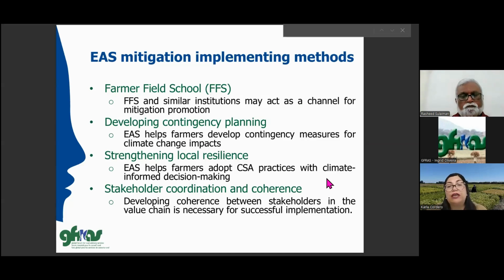Advisors can help farmers to develop these measures for the impacts, strengthen local resilience, help farmers adopt climate-smart agricultural practices, and also make climate-informed decisions. And also we can do stakeholder coordination and coherence, developing coherence between stakeholders and the value chain, which is necessary for successful implementation.